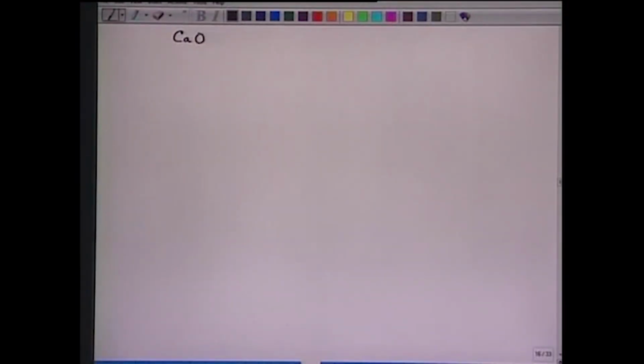Now, as regards calcium oxide, it cannot provide oxygen for reaction with phosphorus. So, calcium oxide is only basic in character. From the definition of basicity, calcium oxide can provide oxygen ions for the requirement of the reaction.